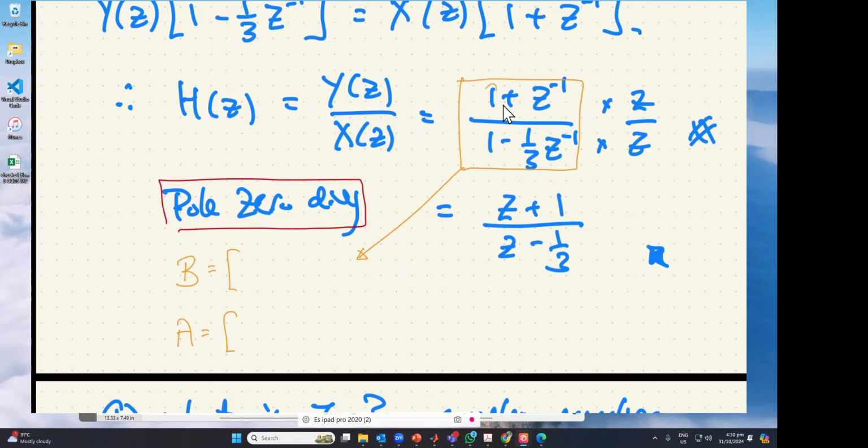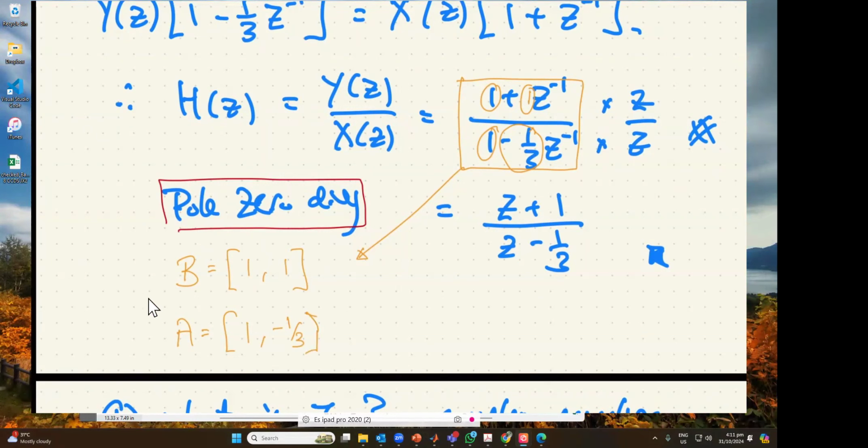Can you see the 1 here and the 1 here? So we put 1, comma 1. Two elements. Here, 1 and minus 1 third.